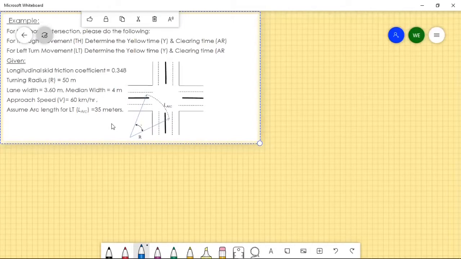Okay. So first of all, let's calculate the stopping sight distance, because we are going to need it for both.